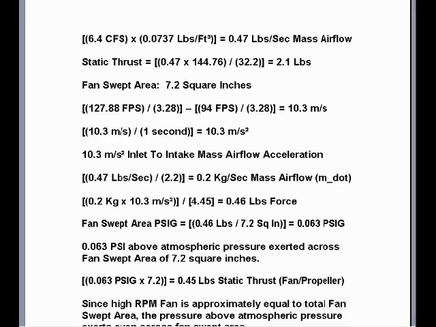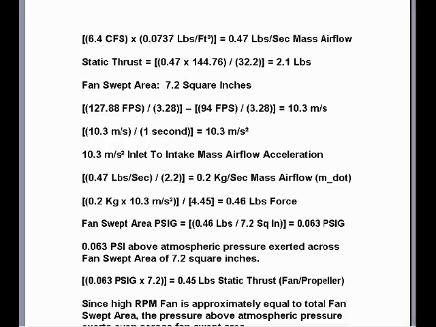We take the difference in that speed change in metric values. So when we convert and subtract them out, there is a 10.3 meters per second speed change between the airflow entering the inlet as it transitions into the intake.